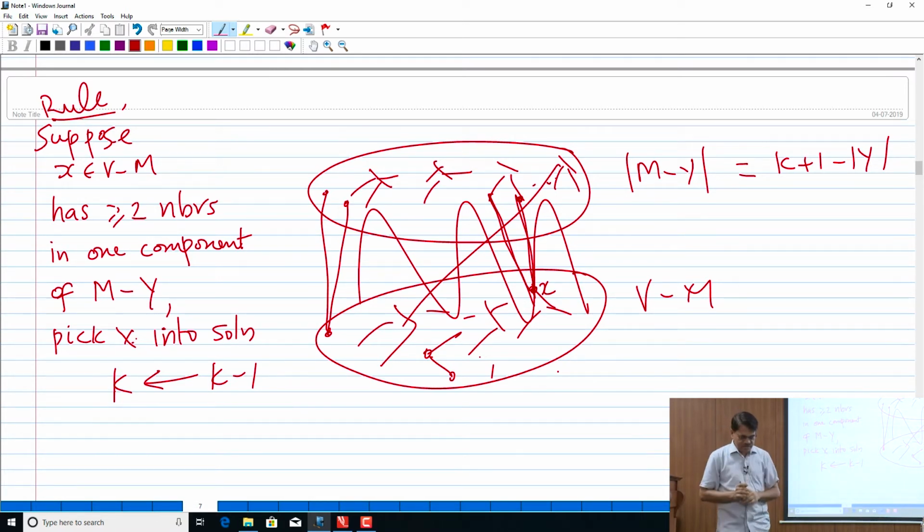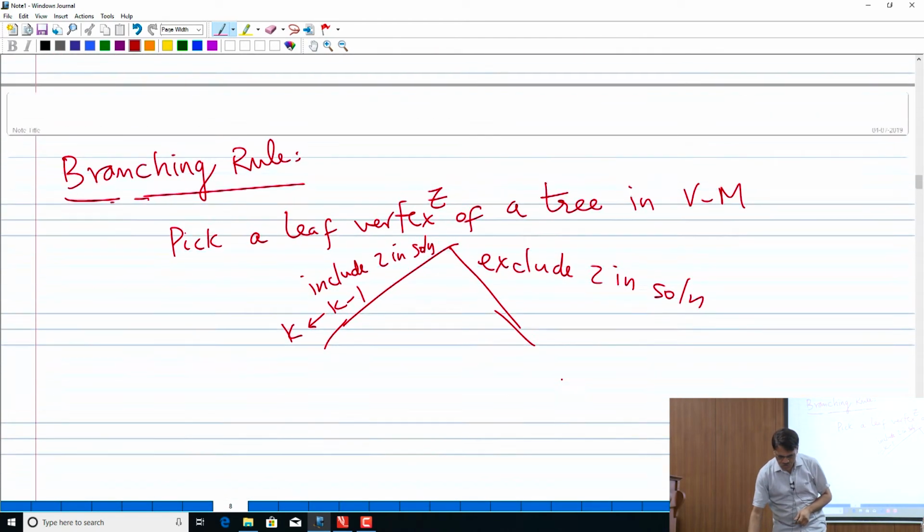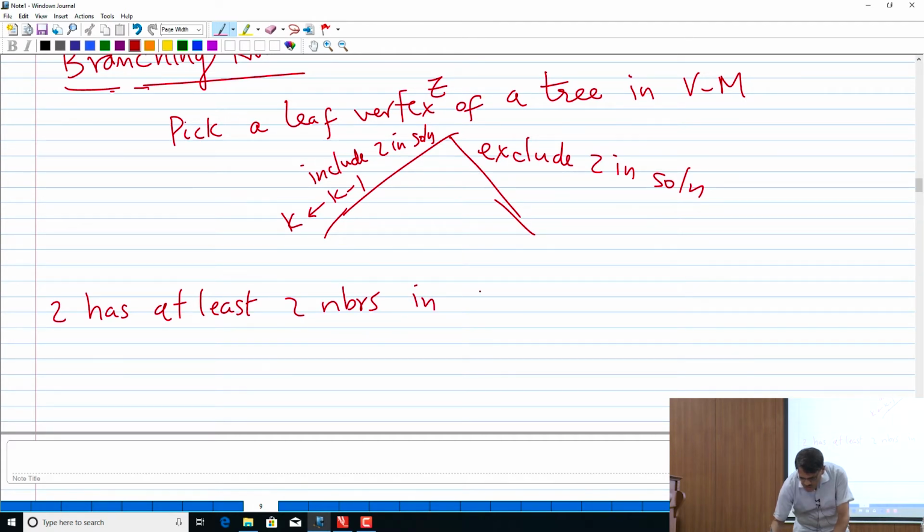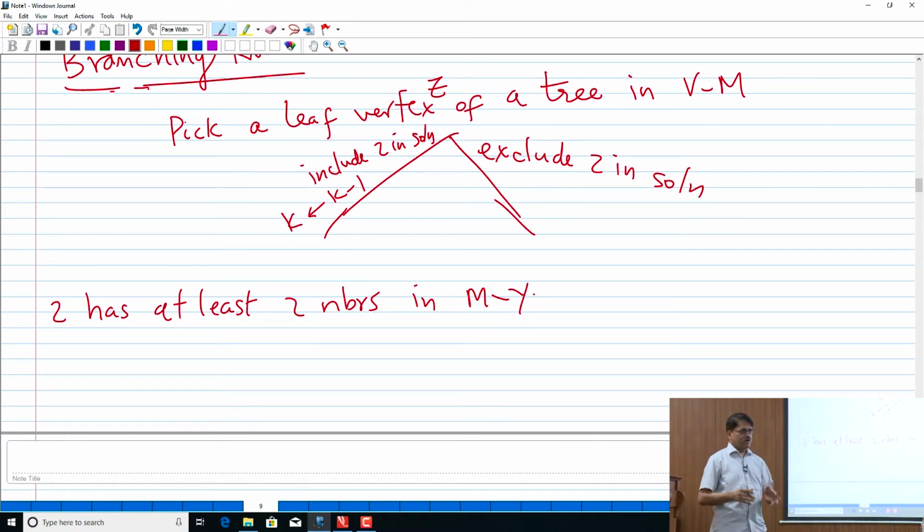So the point is that Z has at least two neighbors in M minus Y, because otherwise its degree would have been 1 or 0 or 2, and I would have applied those rules.